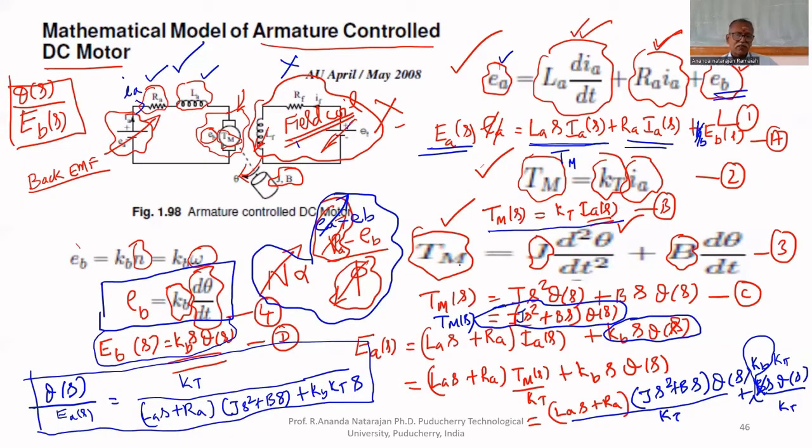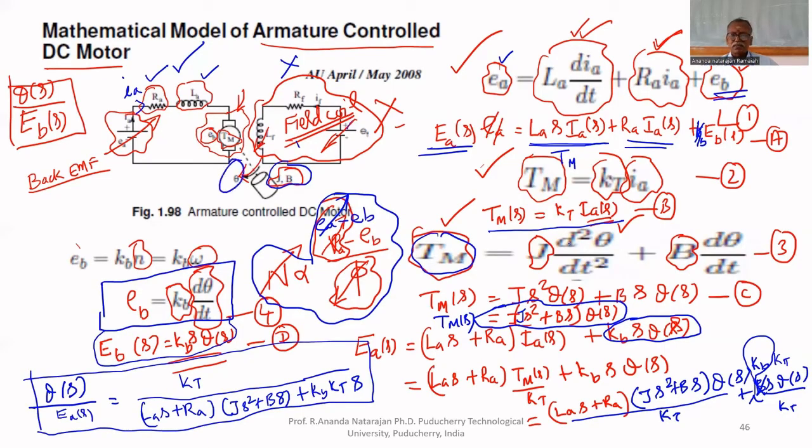That is the second equation. We know that this armature is connected to a load whose inertia is J and dashpot constant is B. That's why the mechanical torque equals J d square theta by dt square plus B d theta by dt, because theta is the displacement.